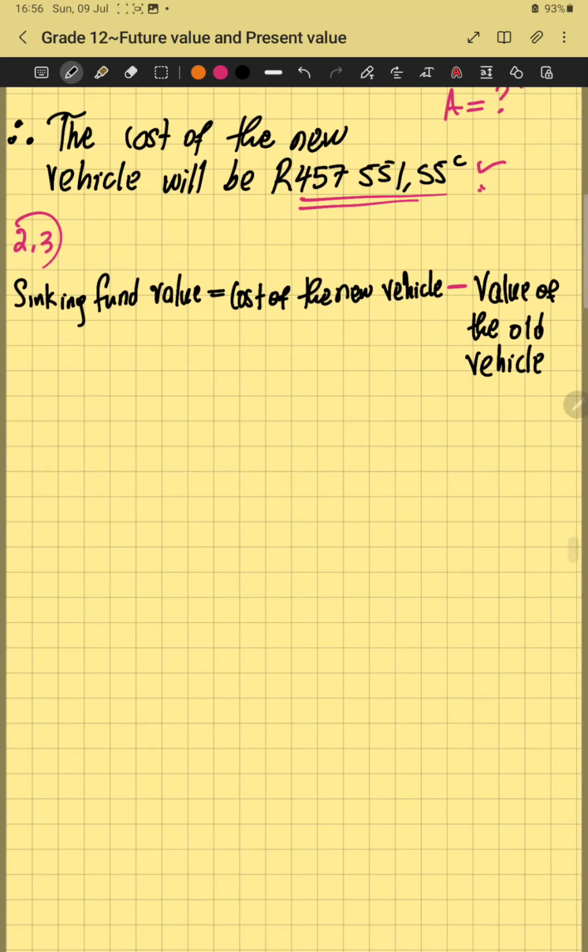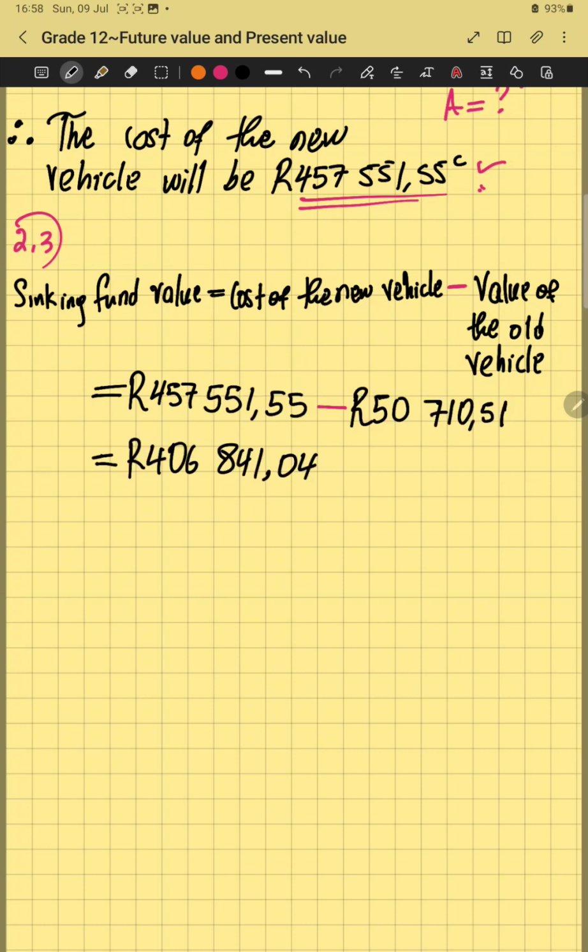So now it's saying that the sinking fund value is equal to cost of the new vehicle minus the value of the old vehicle. Okay, so that means it's going to be that amount of 457, the new one, minus the old one. Then this is the value that they need to contribute.